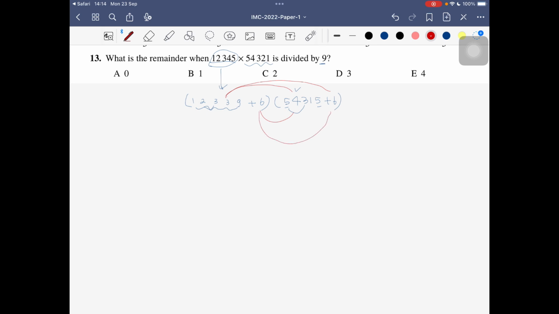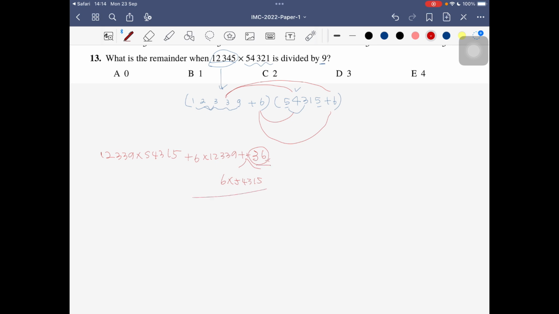The remainder comes from here. So here we have 1, 2, 3, 3, 9 times 5, 4, 3, 1, 5. We don't need to consider this. 6 times 1, 2, 3, 3, 9 plus 6 times 5, 4, 3, 1, 5 plus 36. But 36 is also already a multiple of 9.